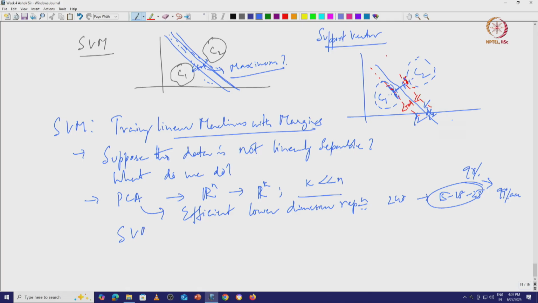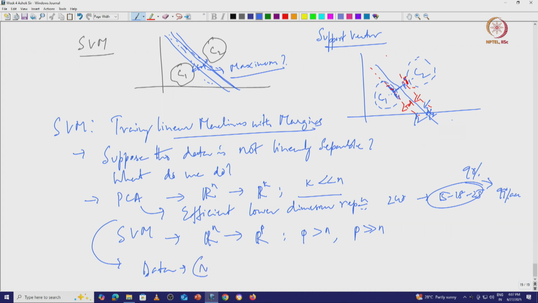SVM does something interesting. Suppose you have a dimension Rn, you look at Rp where p is greater than n. Sometimes p is much greater than n. Therefore, the idea about support vector machine is you have data in a given dimension.